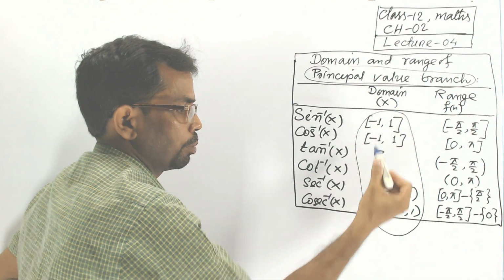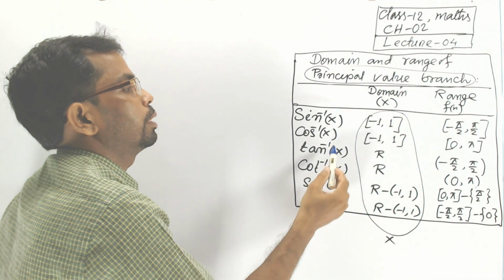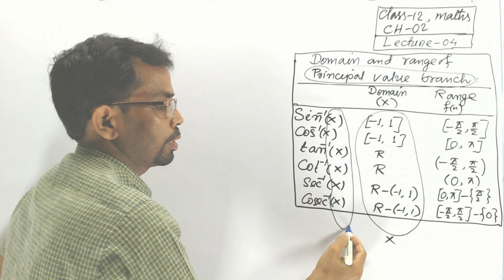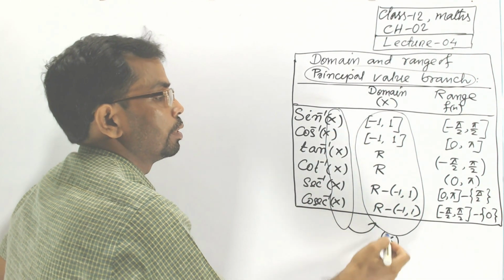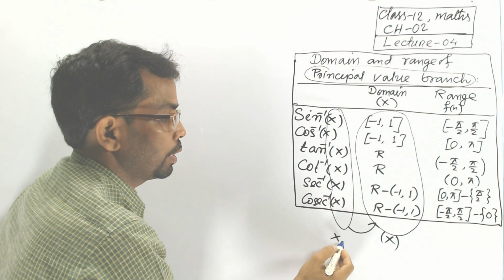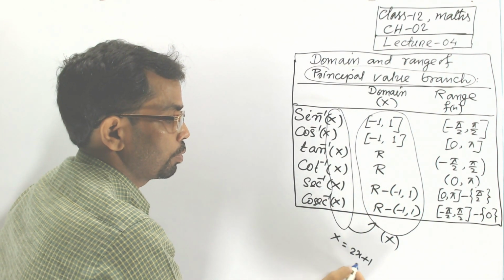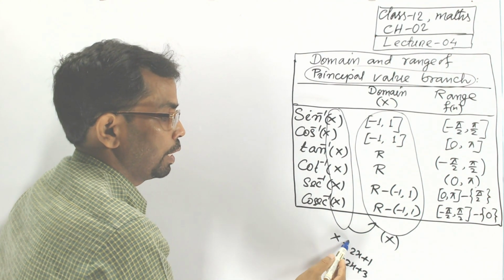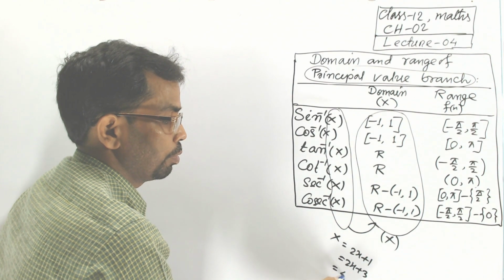Domain means it is the values of X, and remember this X value must lie in the first column, which is the domain of inverse trigonometric function. And in place of X you may get a function like this, maybe 2x plus 1, maybe 2x plus 3, maybe 4x minus 5.